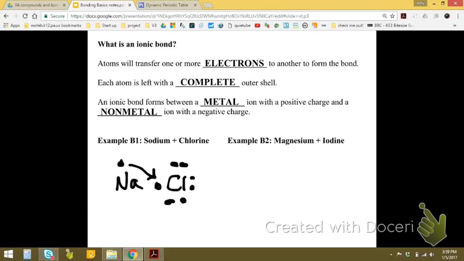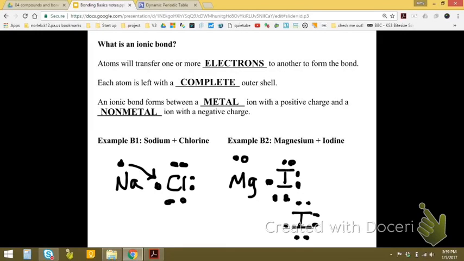Our next example is magnesium and iodine. So magnesium has 2 valence electrons, and iodine has 7. Since magnesium has 2 electrons to give away, it's going to pair up with 2 different iodine atoms, each of which has 7.